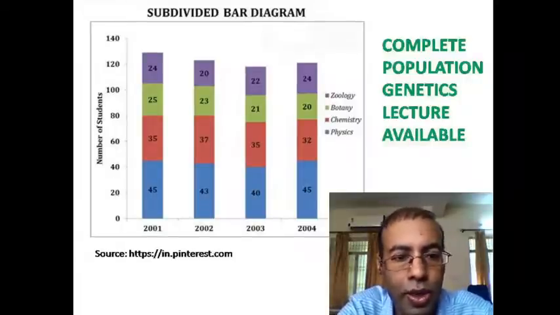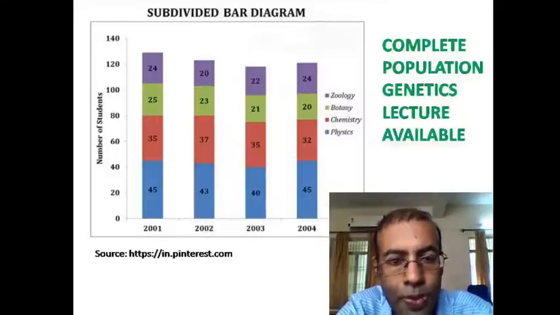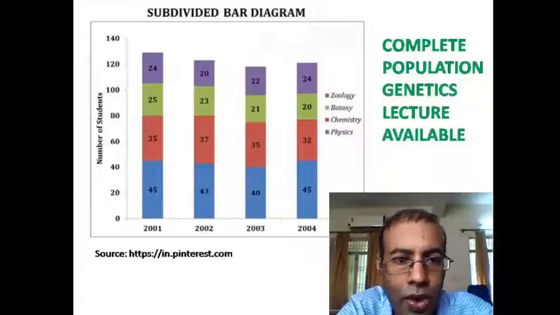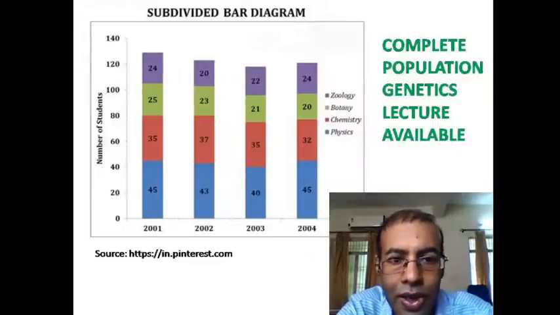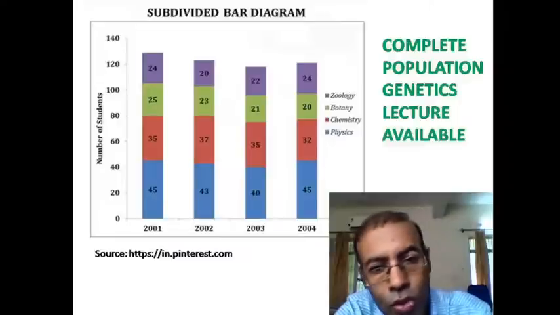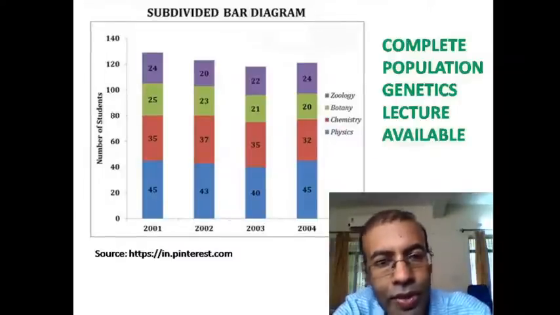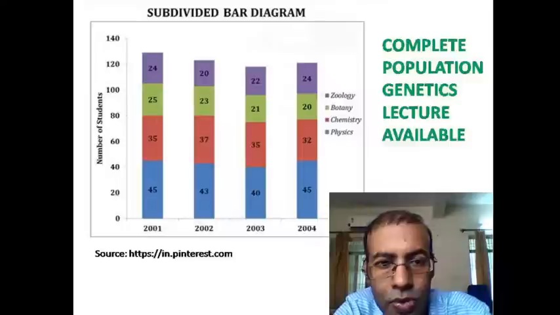So this way, in 2001 maximum students were enrolled for physics, and in 2002 also. So every year maximum students were registered for the subject physics.